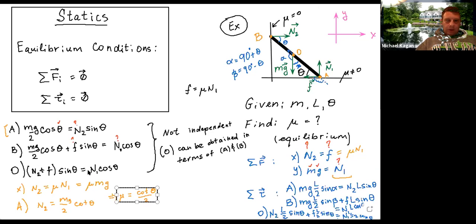So N1 is mg. F is the same as N2, so that is just 2N2, right?